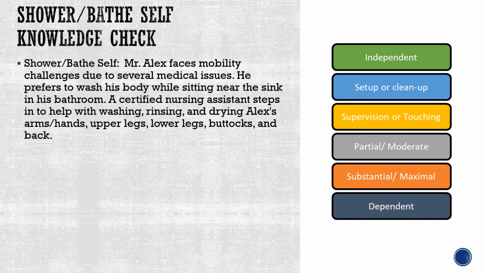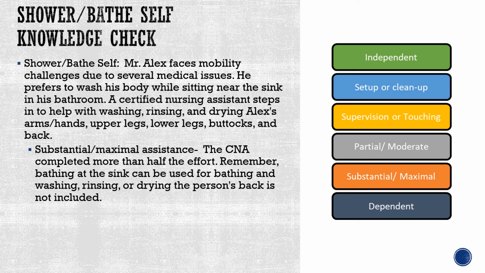Mr. Alex faces mobility challenges due to several medical issues. He prefers to wash his body while sitting near the sink in his bathroom. A certified nursing assistant steps in and helps him wash, rinse, and dry his upper arms, hands, upper legs, lower legs, buttocks, and back. How would we code this item? This will be coded as substantial maximal assistance.